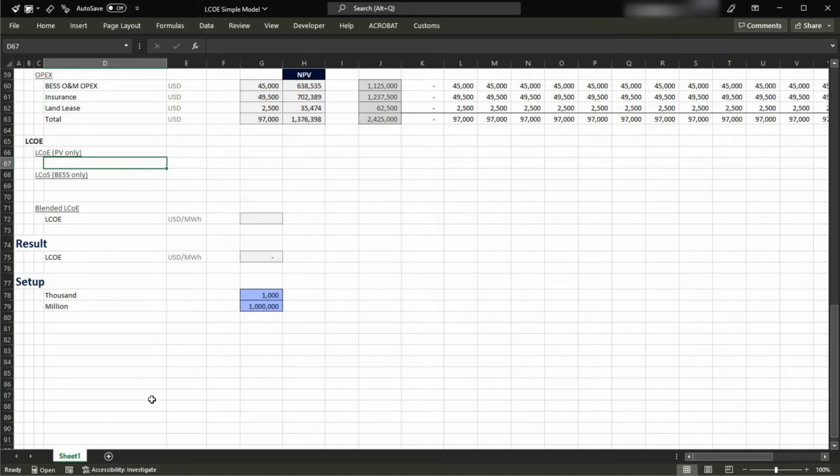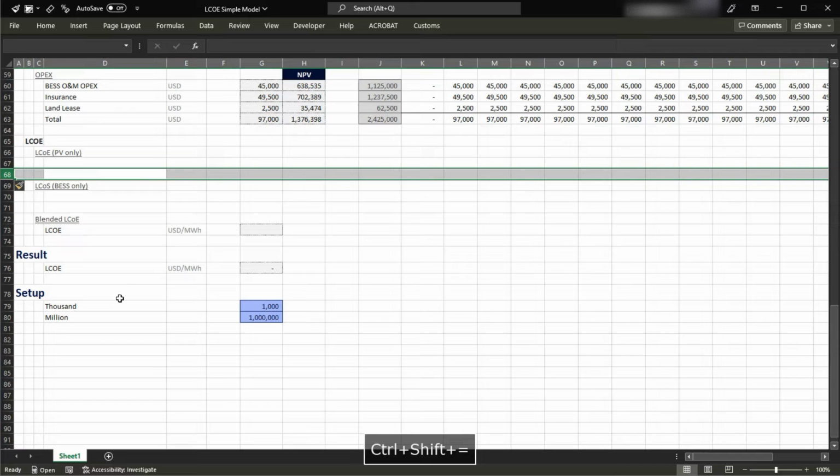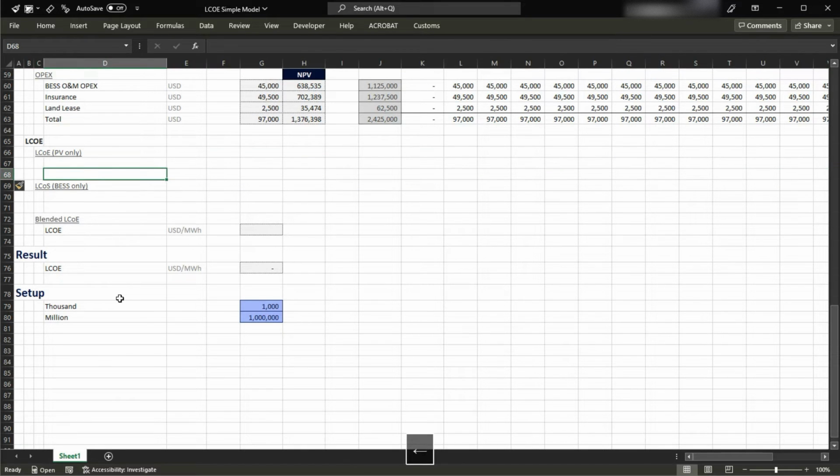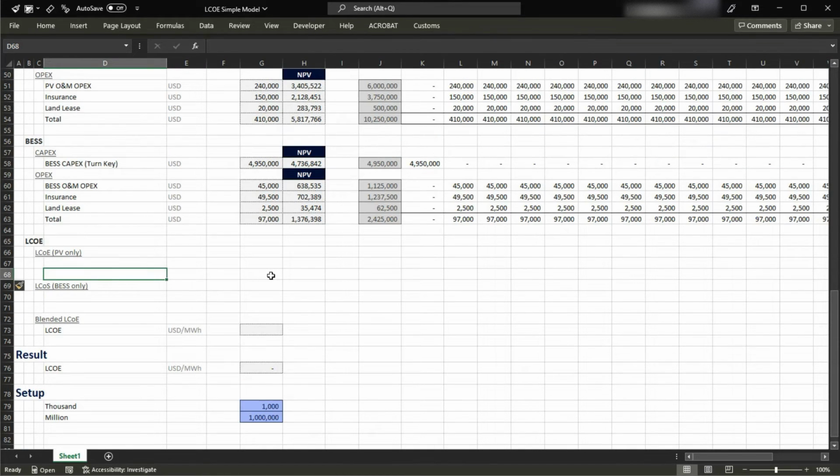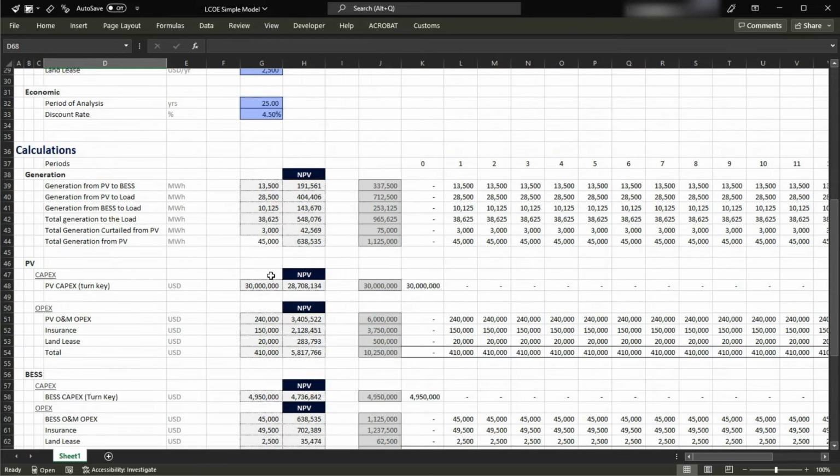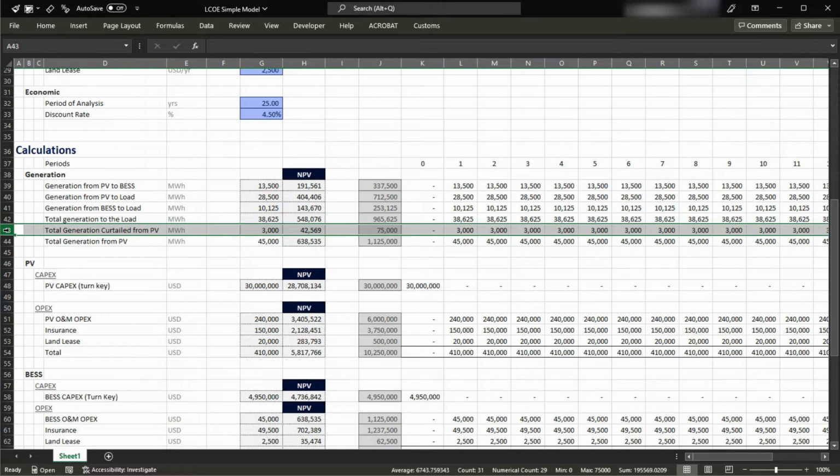Right, so what is the LCoE for PV only? Here we're actually going to have two LCoEs, because if you notice in our energy streams, we have PV being curtailed. Not all the energy coming from the PV is being used; there are a few megawatt hours per year that are being curtailed.